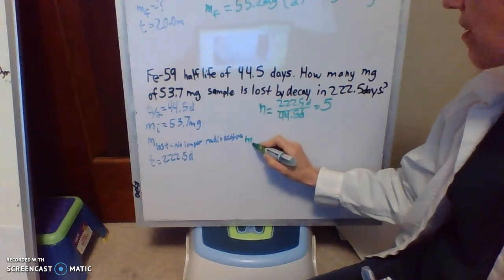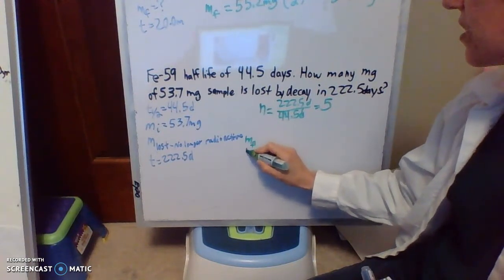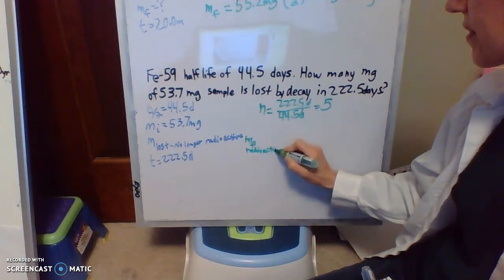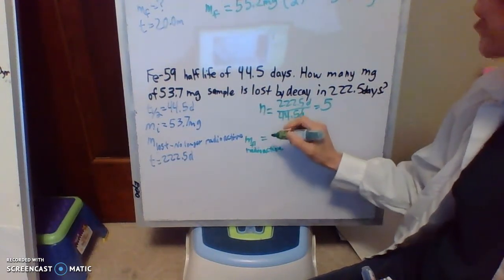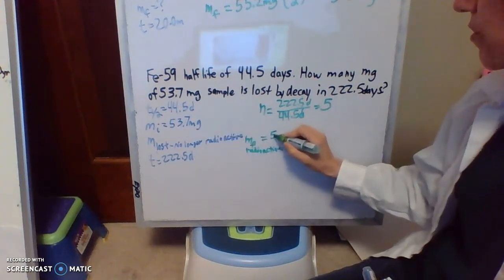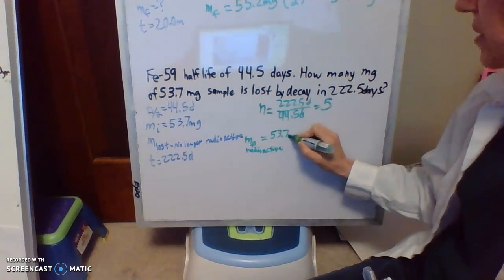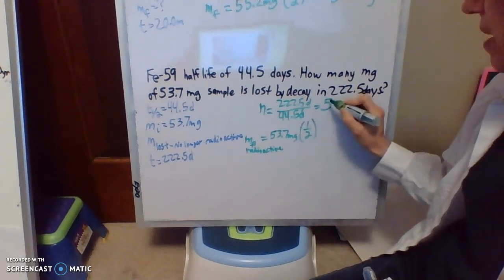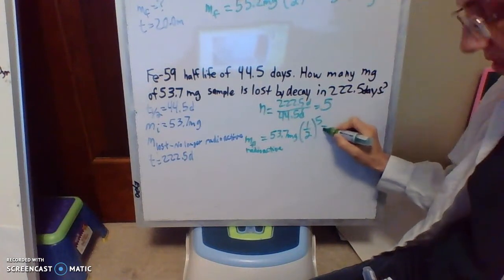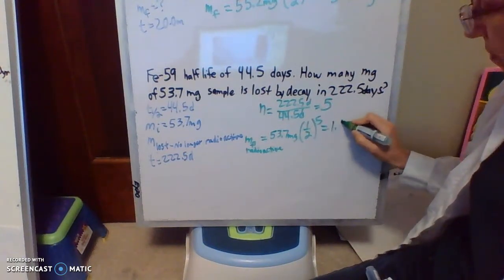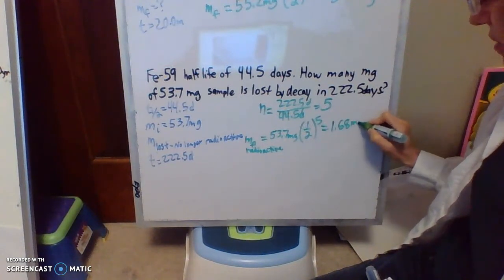So now we're going to figure out how much is still radioactive by using our equation. It's mass initial, which is 53.7 milligrams, times 1/2 raised to the power of n, which in this case is 5. When we plug that into our calculator, we should get 1.68 milligrams.